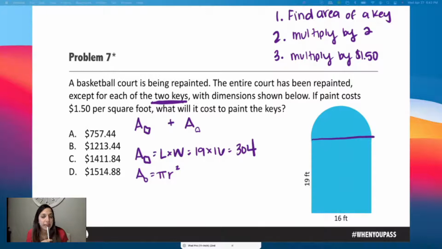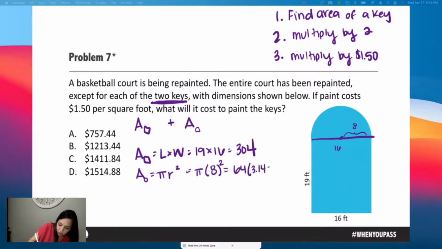What is my radius going to be for this circle or this half circle? The radius of that circle is going to be 8 because this whole thing is 16. So this piece right here is going to be 8. So pi times 8 squared. So 64 times 3.14 equals 200.96.